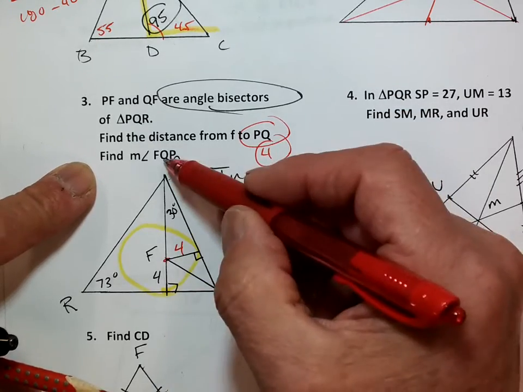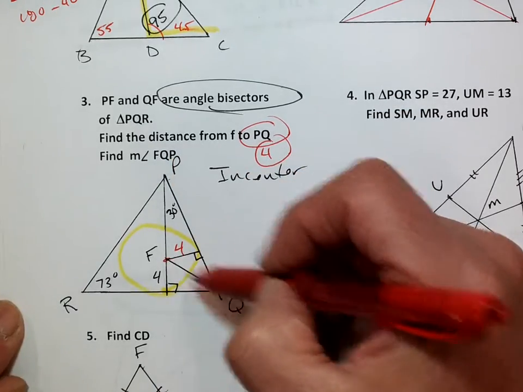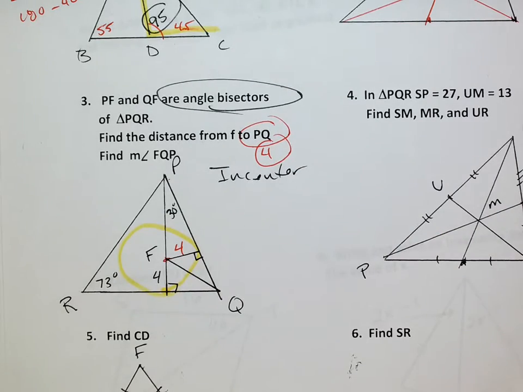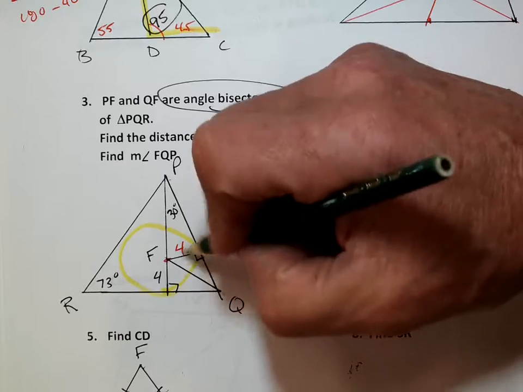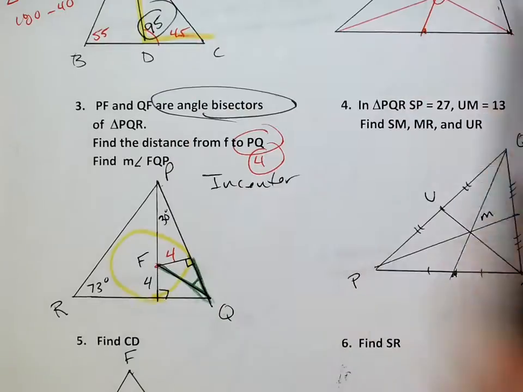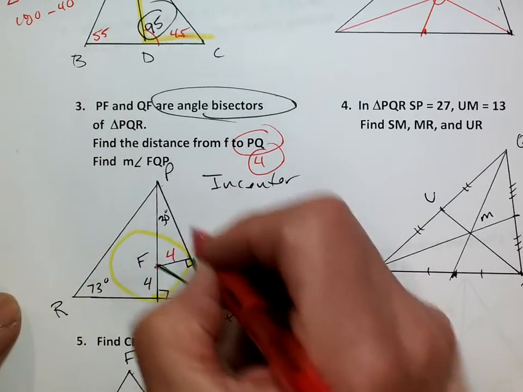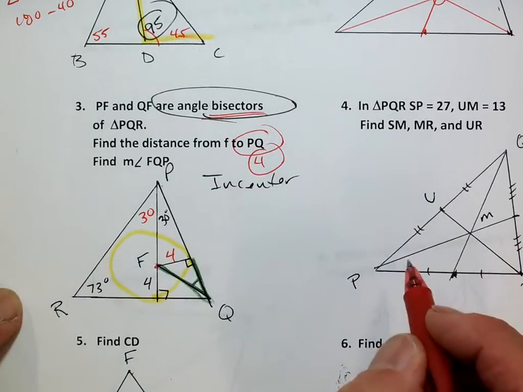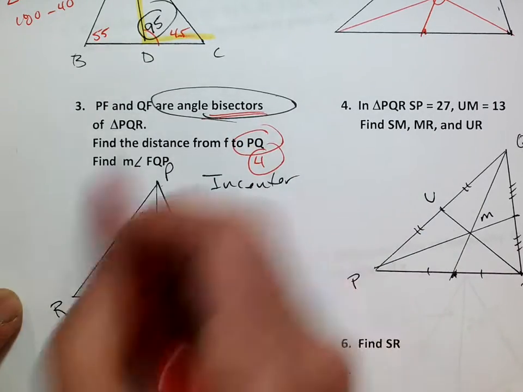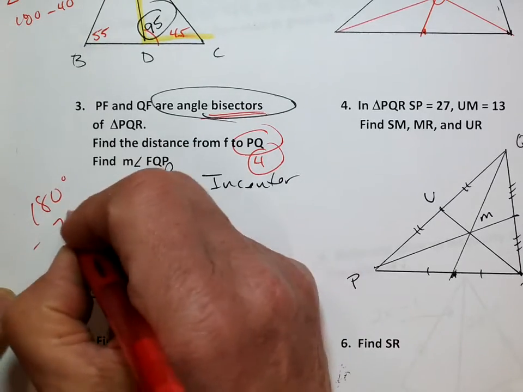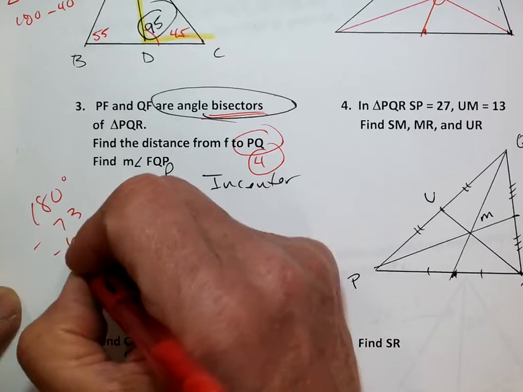Now the angle of FQP, that is this angle. Again, I'm going to do a little bit of right triangle. I know 180 degrees. First of all, that's 30 also because it got bisected, right? Let me add up all my angles, 180 degrees in a triangle. I'm going to subtract out 73 and subtract out 60.